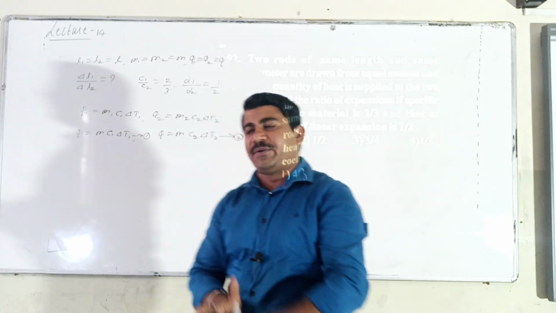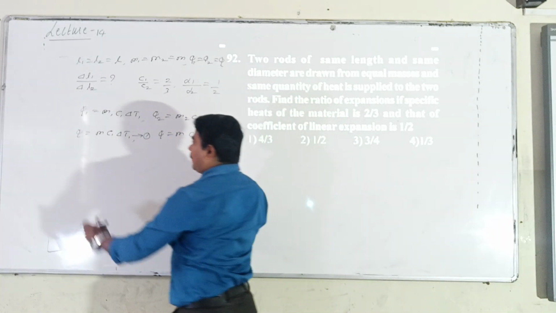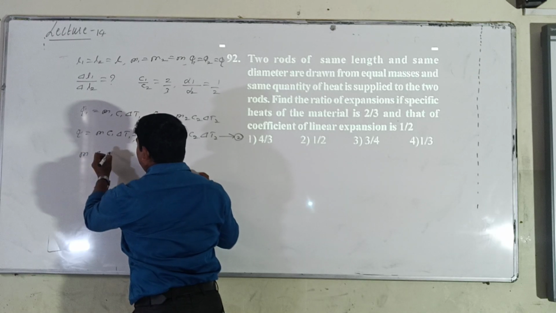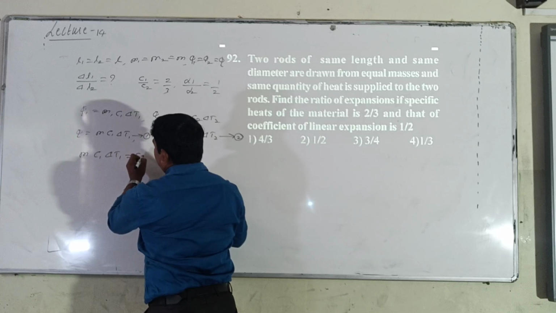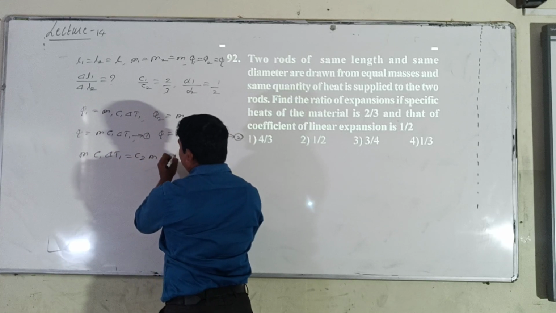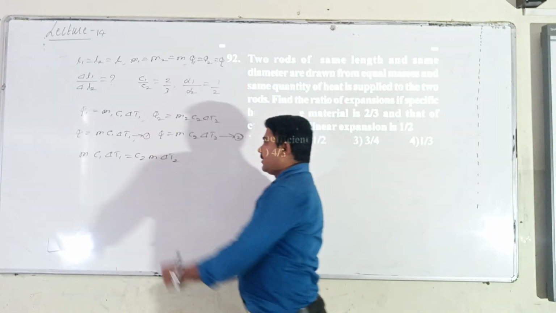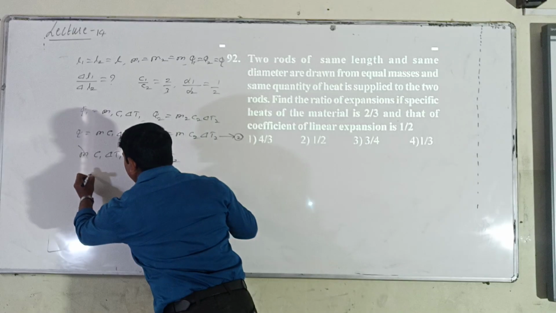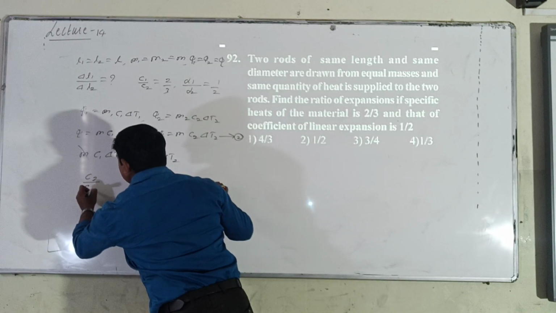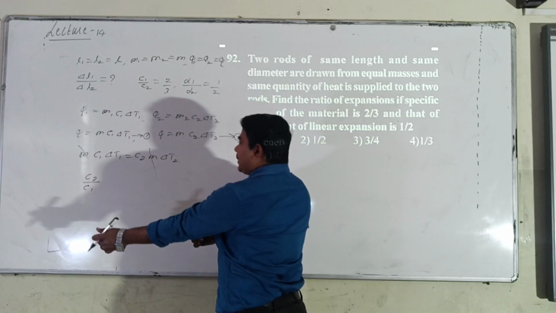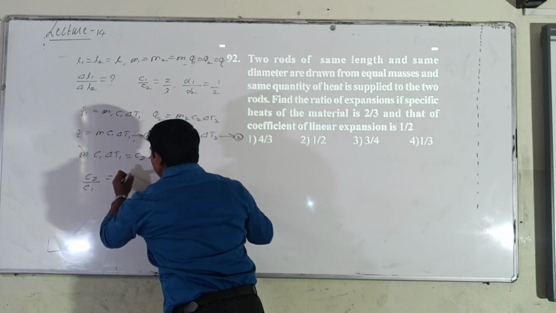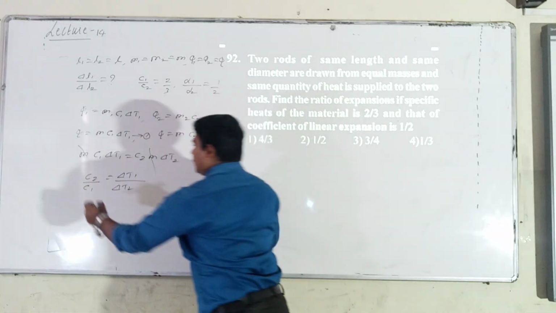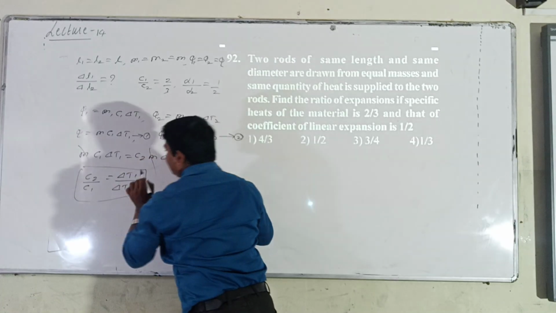Just compare equation 1 and 2. Here also Q, here also Q. What value are you getting? M C1 delta T1 equals M C2 delta T2. The mass gets cancelled because both are equal. What values are we getting? C2 divided by C1 equal to delta T1 divided by delta T2. Just remember this.